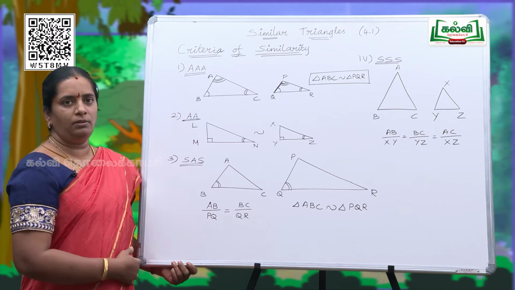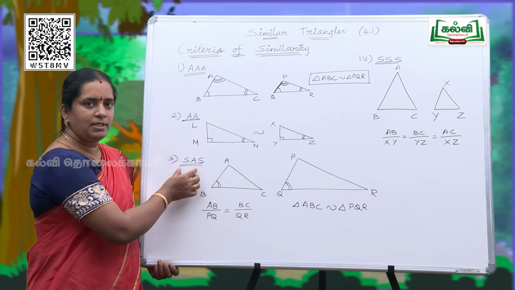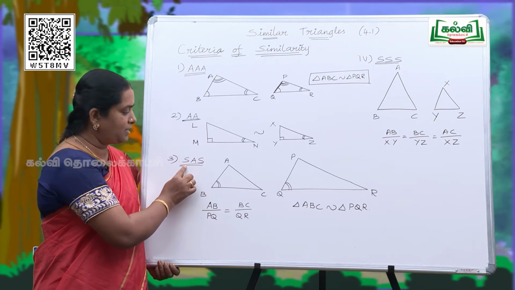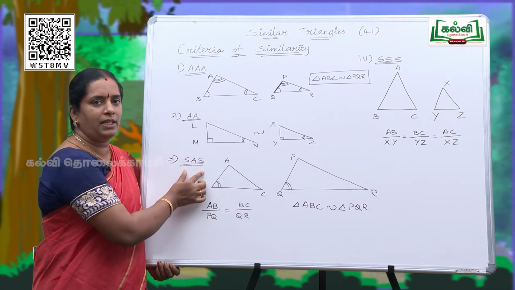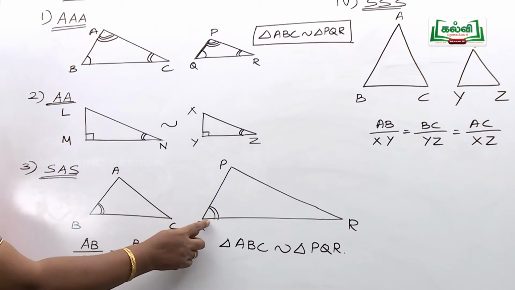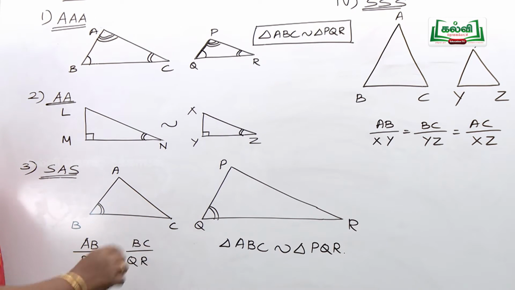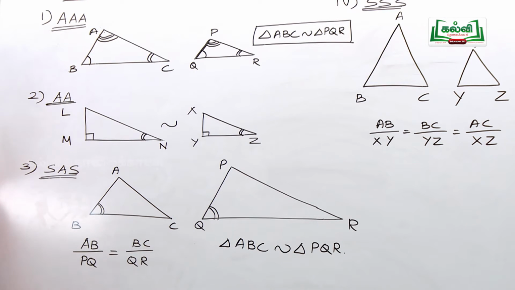Look at the third rule, that is SAS criteria. Look at the A which is placed between two sides. S means sides. So this angle is the interior angle of these two sides. So let us take this angle, that is angle B is equal to angle Q in these two triangles. The angle is made by the arms AB and BC.